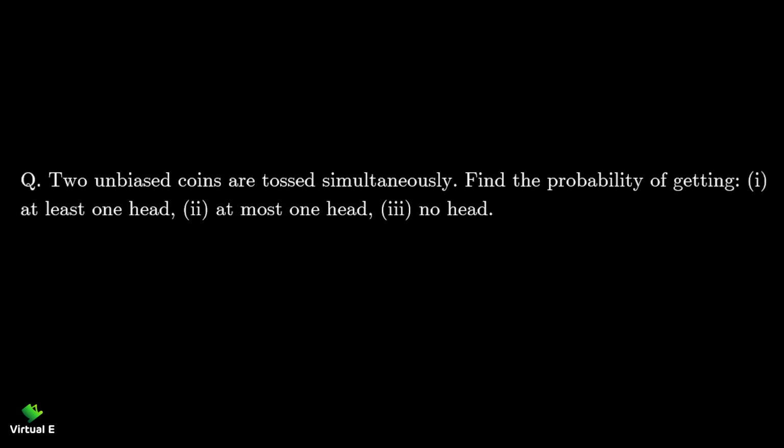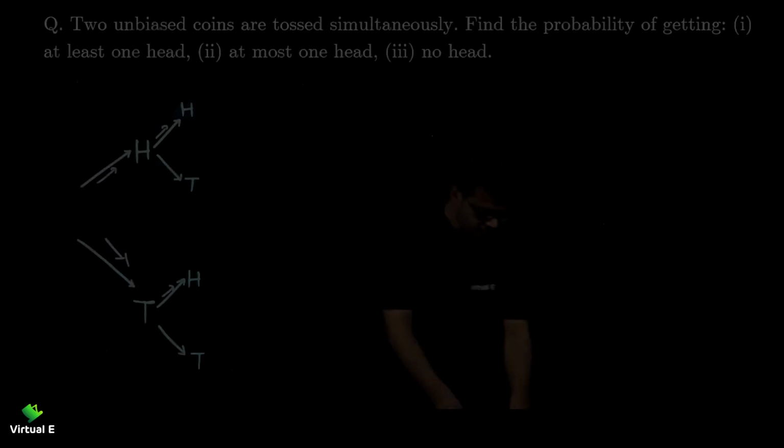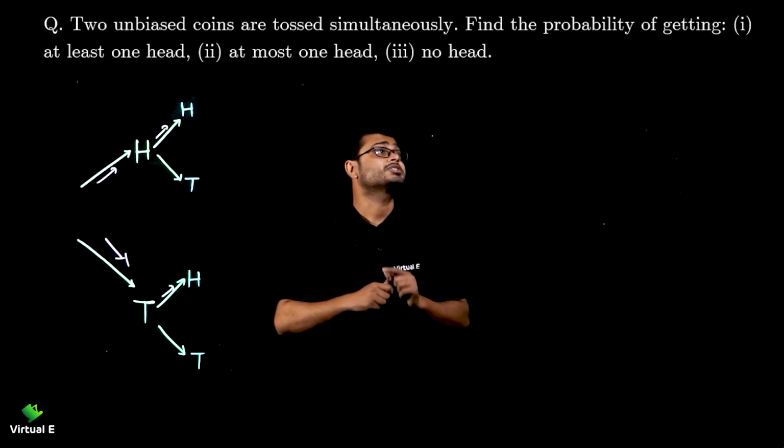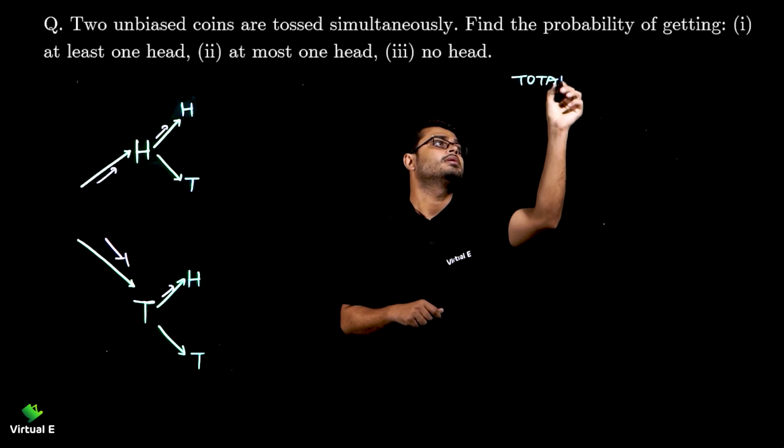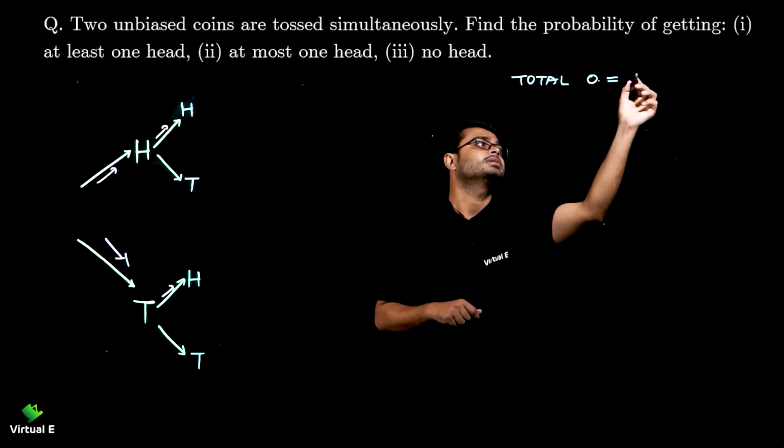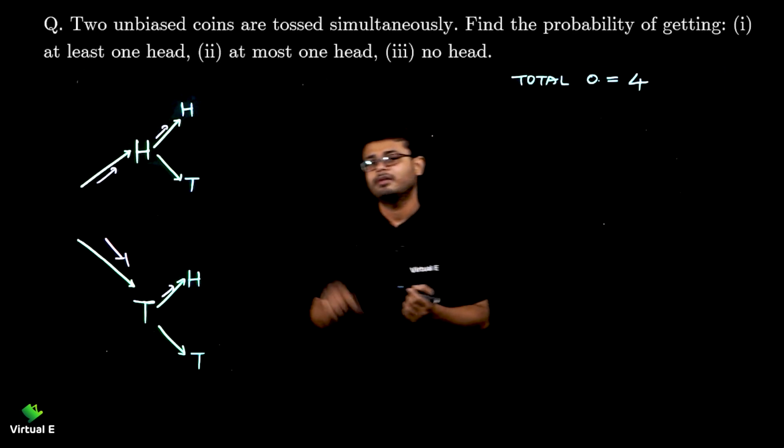Let's start with that. 2 unbiased coins are tossed simultaneously. Unbiased means fair coin, right? Head on one side, tail on another one. Find the probability of getting at least one head. Before we move on, let's write the total number of outcomes, that is 4, when we have 2 coins.